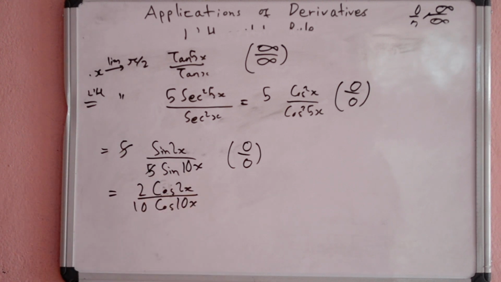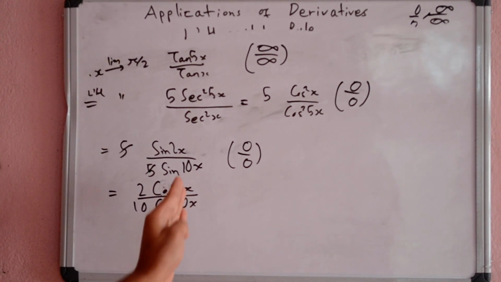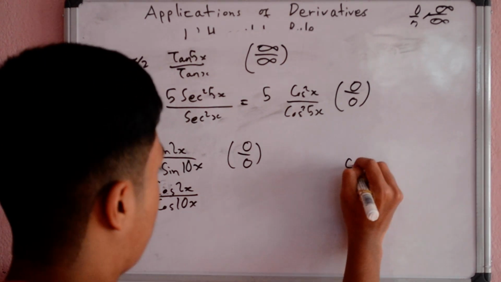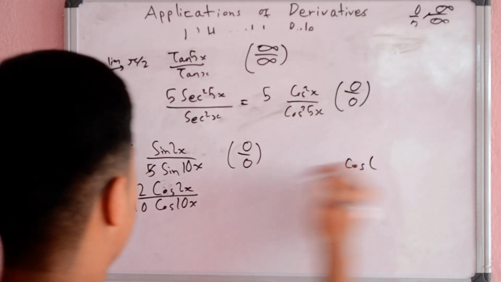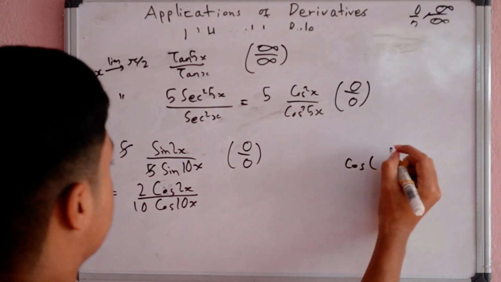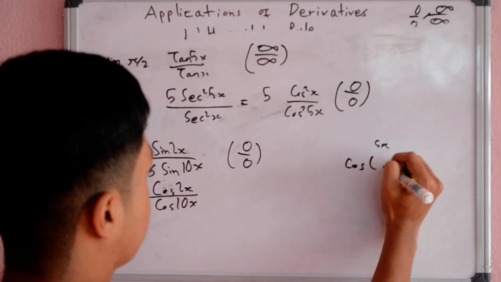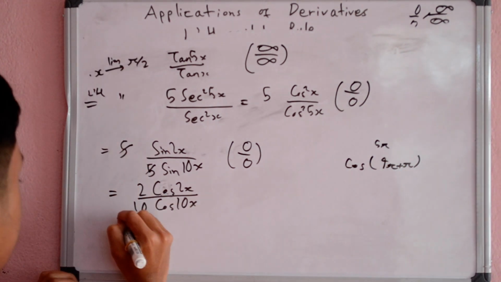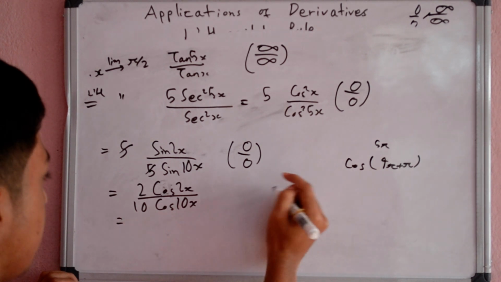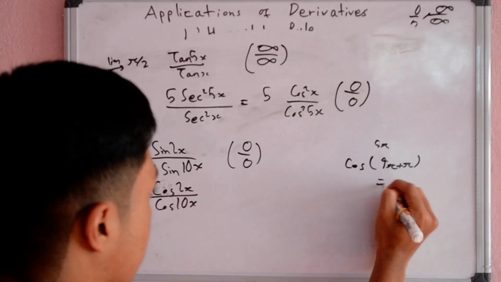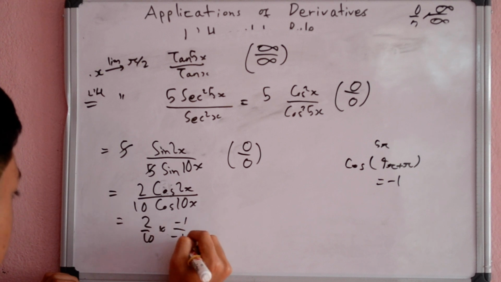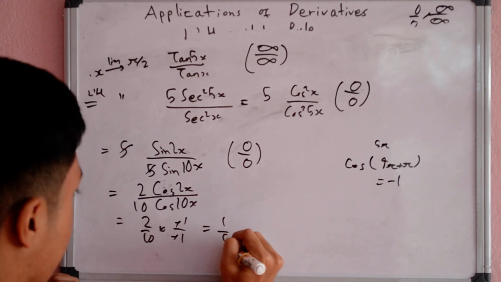This gives us 1 by 5, and if we put pi by 2 now, it gives us minus 1 into cos 10x, which is cos 5 pi, which gives us 4 pi plus pi. It is in the form 10 into minus 1 into minus 1, which gives us 1 by 5.